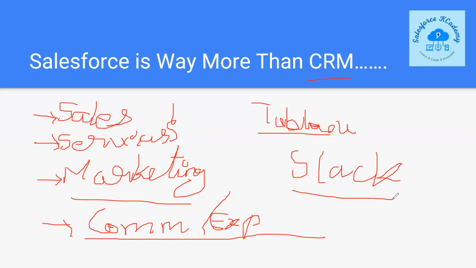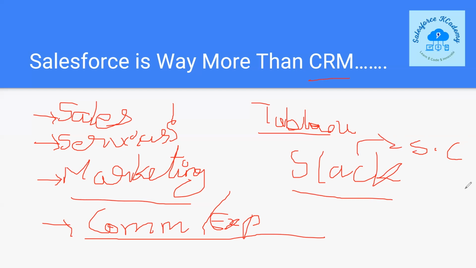There is something called Slack, which is also provided by Salesforce. That means Salesforce provides another tool to help us communicate with our internal teammates. Also, there is a feature in Slack called Slack Connect. This feature helps us communicate with people at other companies too.